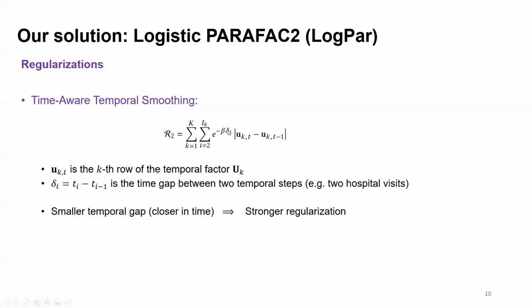And this delta I is Ti minus Ti minus 1, which represents the time gap between two temporal steps. For example, in the EHR context, it is the two hospital visits. So this means we impose stronger regularization if two steps are closer in time. So in this way, we discover smooth temporal factors which can be more interpretable.